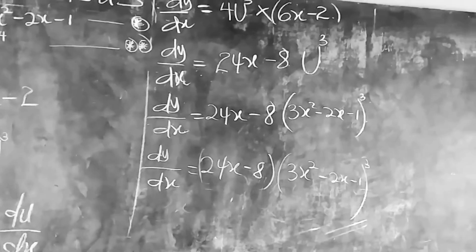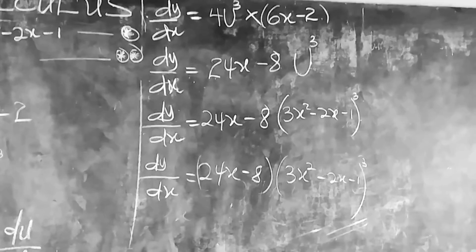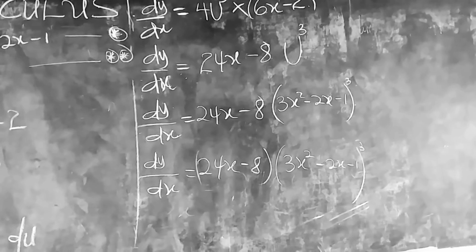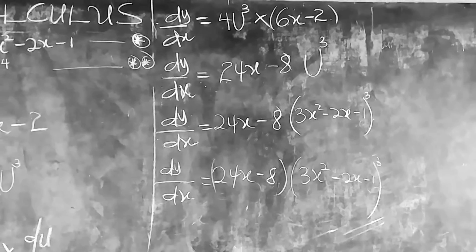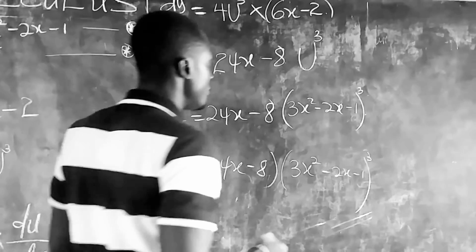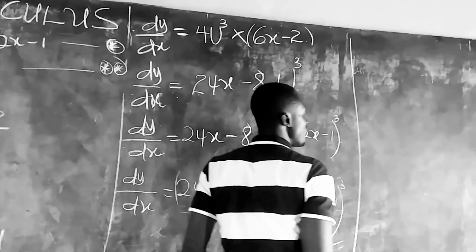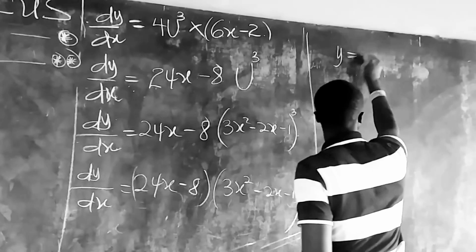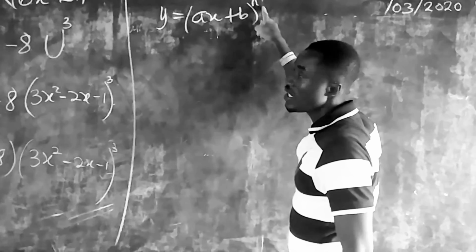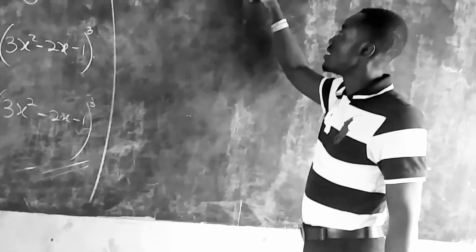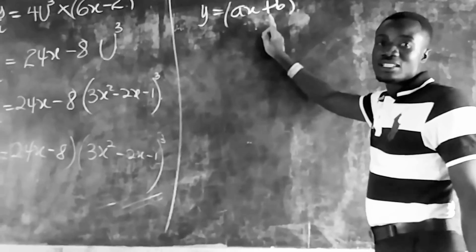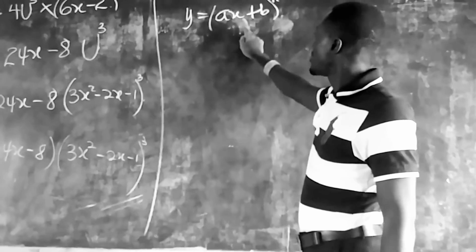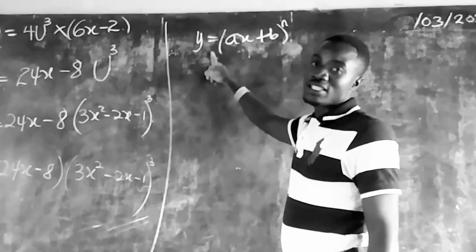This one too, we can use a shortcut to arrive at the answer. Whenever you are using the chain rule, let's look at something here. If you have a function, let's say y is equal to ax plus b exponent n, and you want to differentiate, the simplest way, or the shortcut that I can ever give you, is to multiply the exponent.